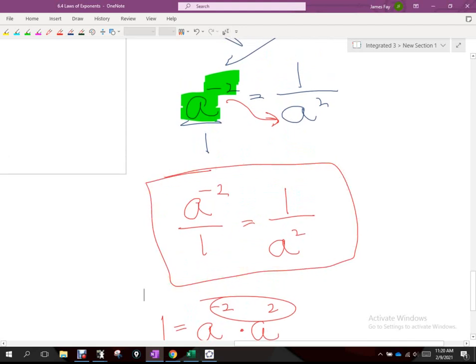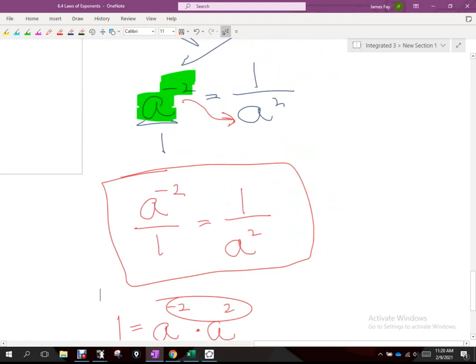Okay. Now, if we have a proportion, what we're allowed to do with proportions is actually take the reciprocal of this one and take the reciprocal of this one, and that is also true. And what I'm trying to show you here is that if you have a negative exponent in the top of your fraction, you can move that term to the bottom of your fraction and make the exponent become positive.